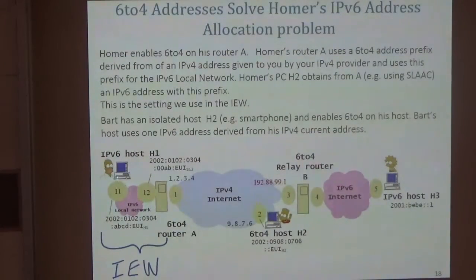Note that this machine has an IPv6 address that contains an IPv4 address, but that IPv4 address is not the IPv4 address of this machine, but the IPv4 address inherited by this machine from its local access to the IPv4 internet. So that solves the problem of IPv6 address allocation.